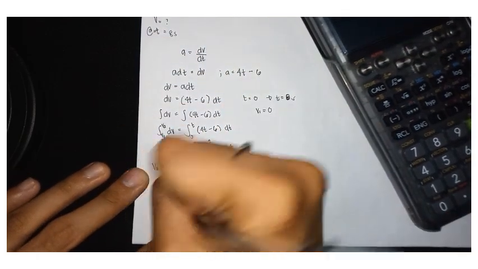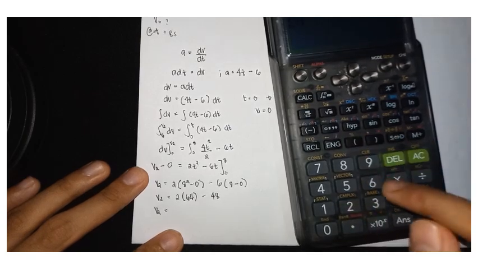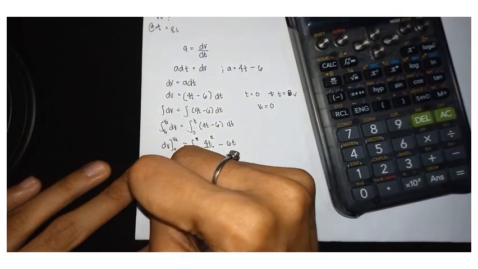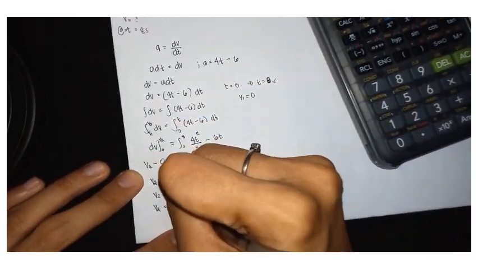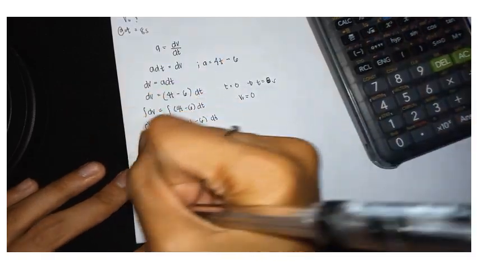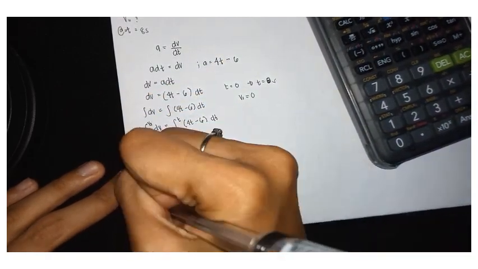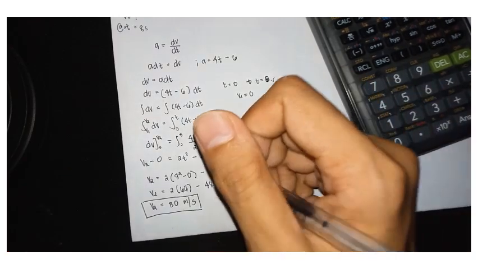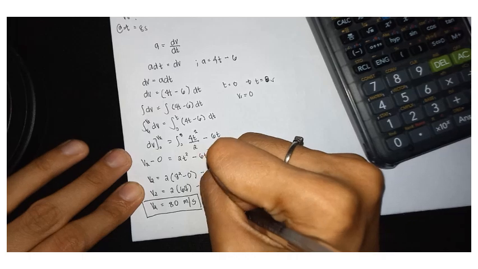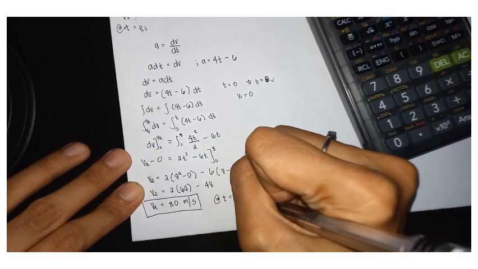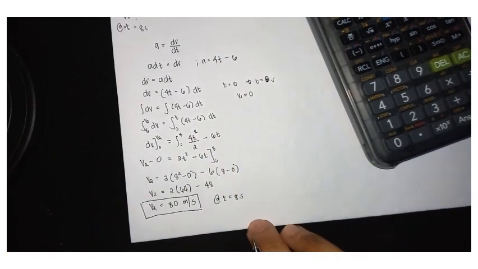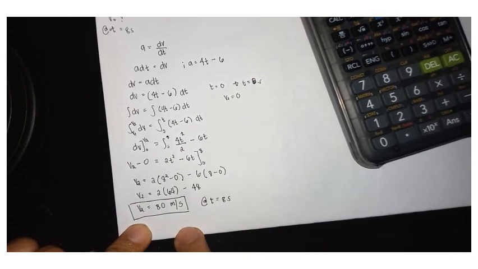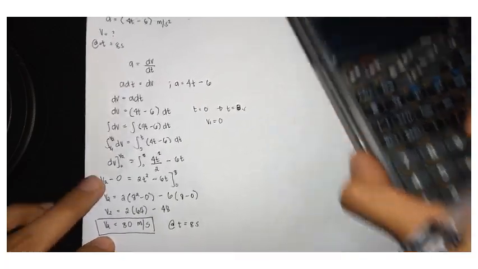So the final velocity is equal to 2 multiplied by 64 minus 48, which is 80 meters per second. So this is the velocity at time 8 seconds.